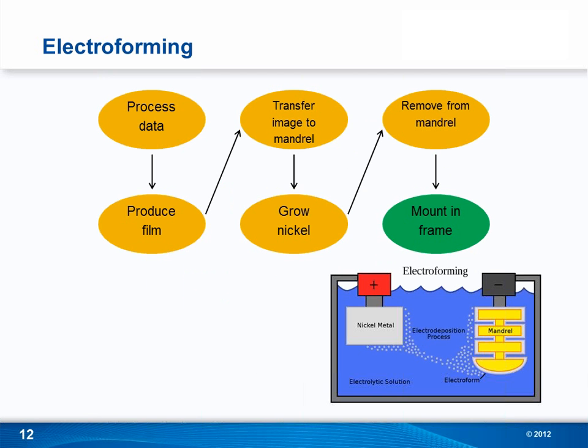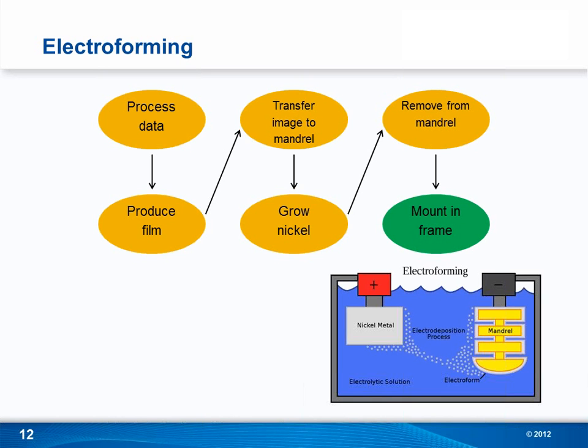The customer that wants the stencil sends data, and it has to be processed to get ready for the manufacturing process that is being used. In the electroforming process, first you produce a film so that you can transfer this image to the mandrel. Both of these steps have to be controlled well because they will impact the size of the aperture.